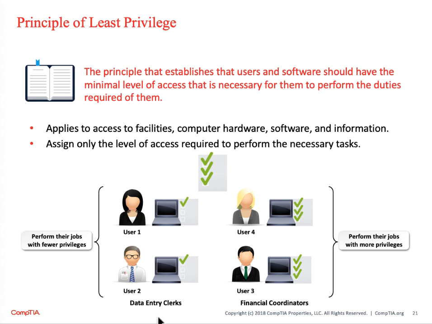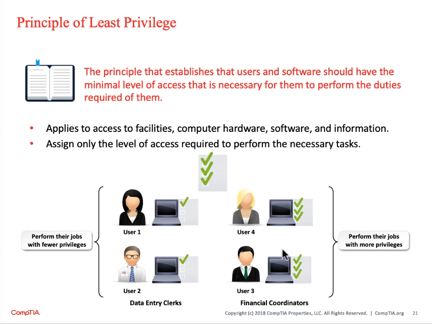In this case, down here, we have data entry clerks. So the data entry clerk is going to be able to enter data into something, and then maybe they can't change it afterwards. Whereas maybe these financial coordinators are able to read what the data entry clerks put in, and also maybe modify it or send it to somebody else, etc. But in either case, they won't have HR's information.